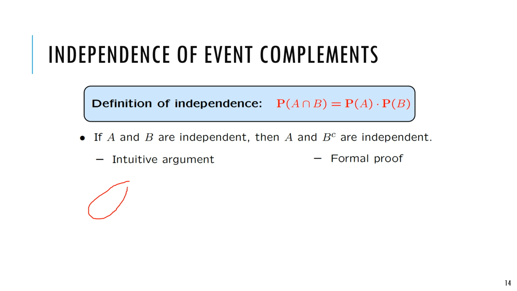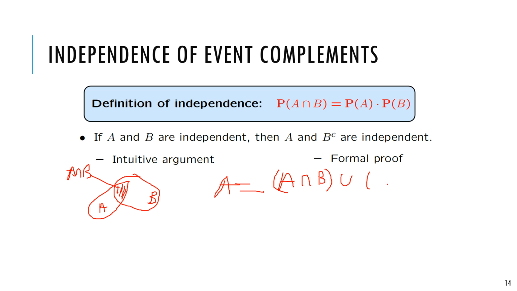Here we have A and B. This part is A intersect B. Here we have A equal to A intersect B union A intersect B complement.